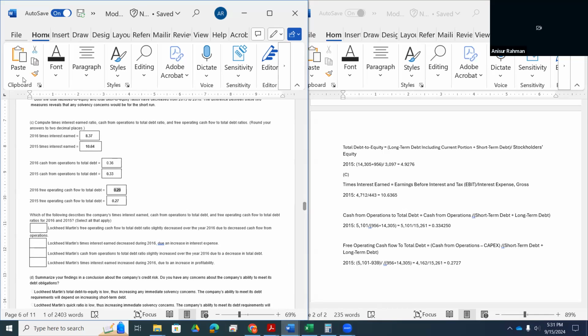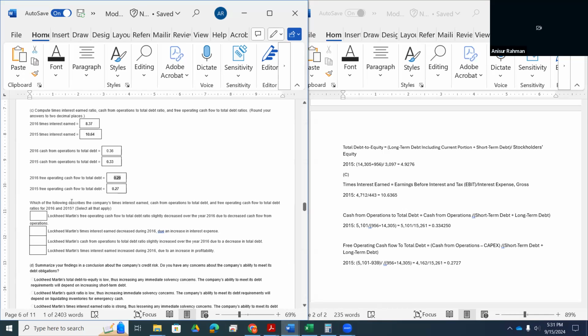Now it is asking us which of the following describes the company's times interest earned, cash from operations to total debt, and free operating cash flow to total debt. Select all that apply. Lockheed Martin's free operating cash flow to total debt ratio slightly decreased.